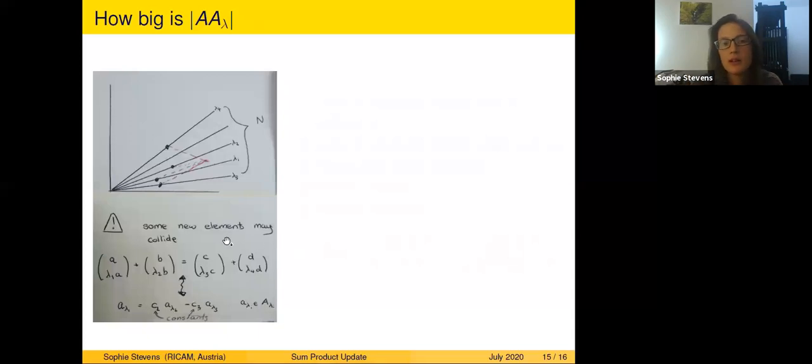If some elements collide, that's saying that we've got some 4 points within the same bunch, so that the sum of, say, A1 lambda 1 plus B lambda 2 is equal to the sum of, well, the other two. So we've got this pattern appearing. And let's for a moment just fix our lambda 1, lambda 2, lambda 3, lambda 4.